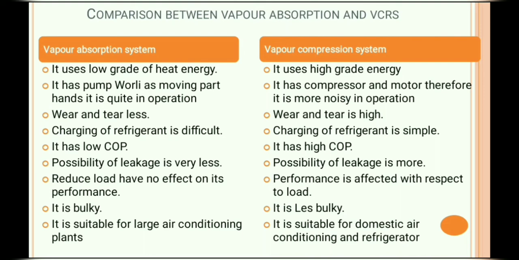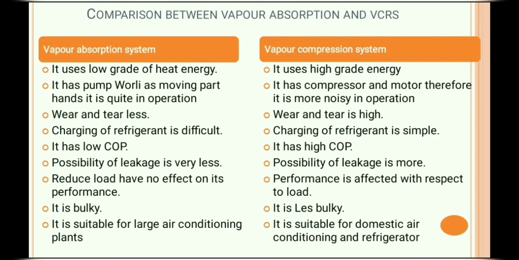But in the VCRS, the charging of refrigerant is easy and simple. That means the charging of refrigerant in the VCRS is simple, and in the vapor absorption system it is difficult. Why is it difficult? Because the pressure is negative, that is, vacuum pressure.